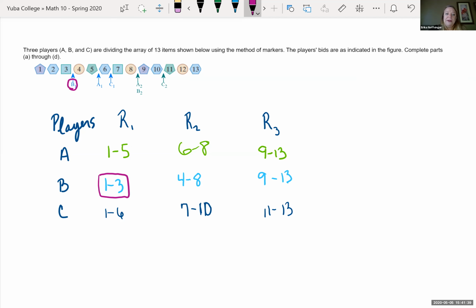They already got their share, so we X them out of their markers.